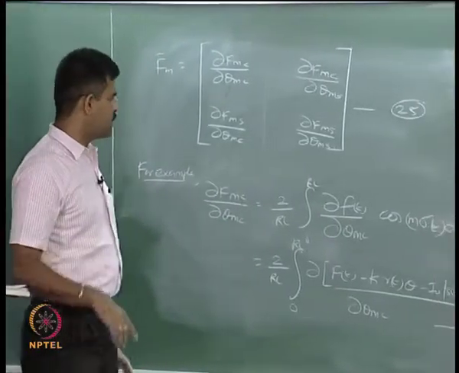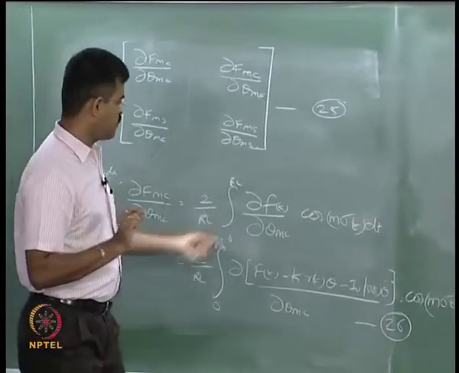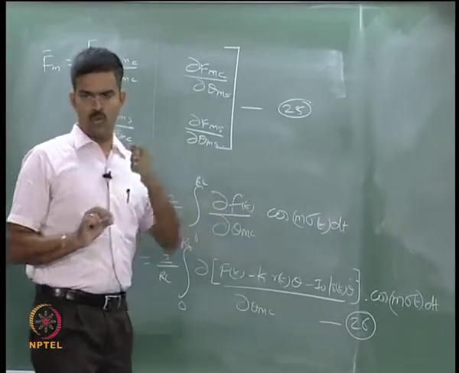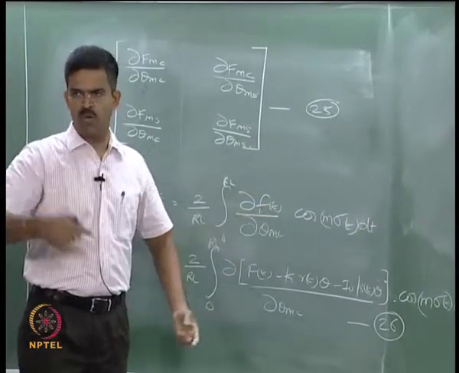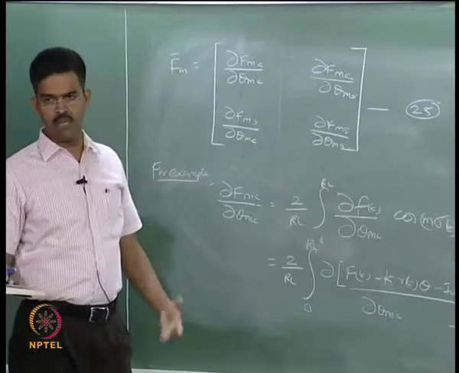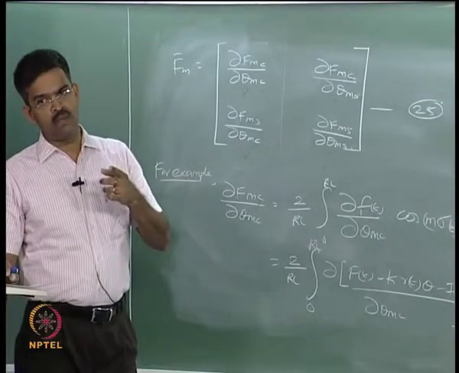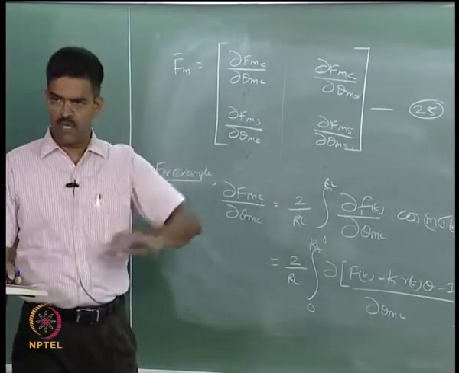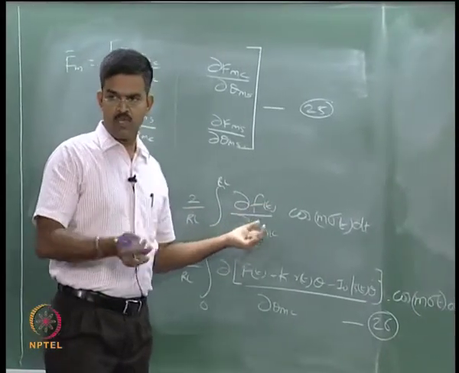Now, here the interesting part is, if you want to look at the ith node of f of t, how will it look like? Because this is not an f of t of the whole problem, it is node by node I have got to travel, is it not? I divide the tower into n number of nodes. I have also divided the wave loading into m number of harmonics, that is different, that iteration is separate. I am dividing the tower into n number of nodes, I plus 1, I plus 2 and so on.